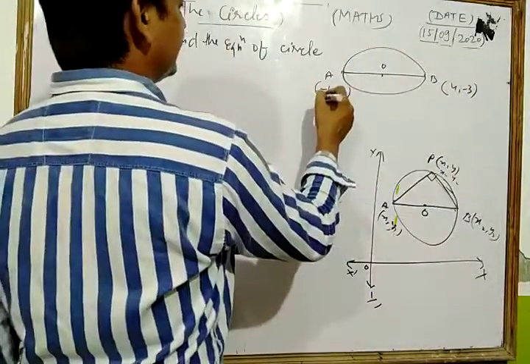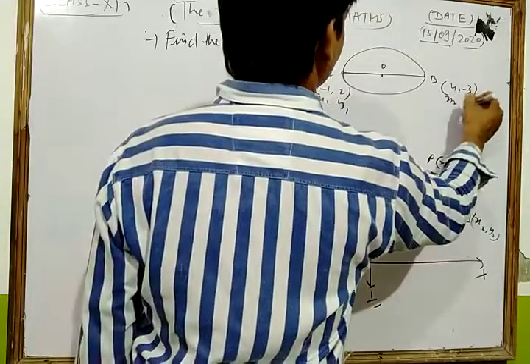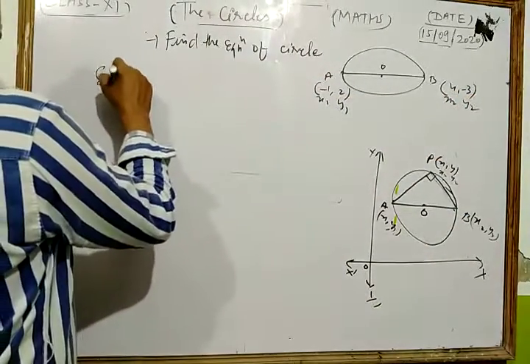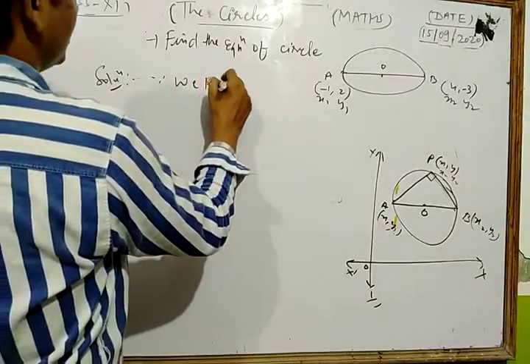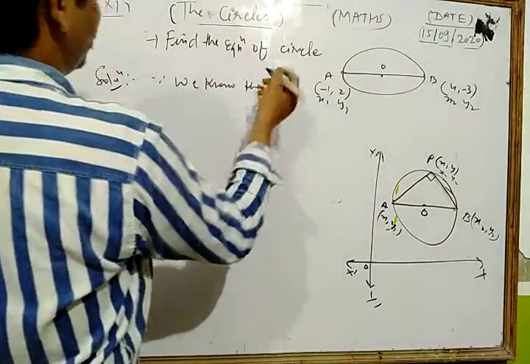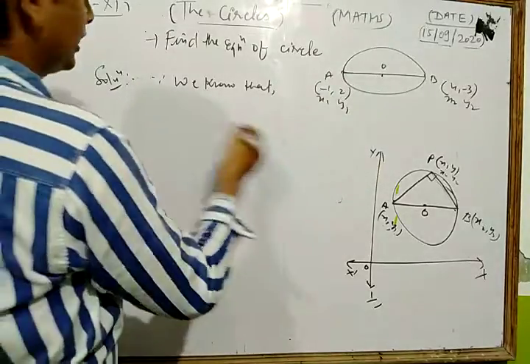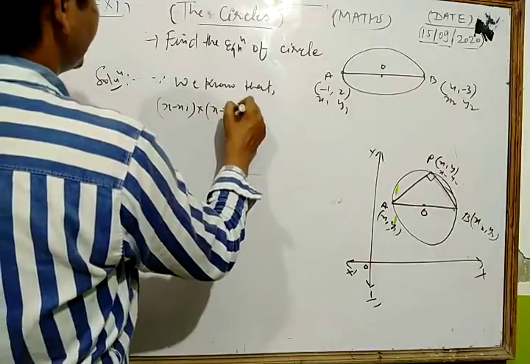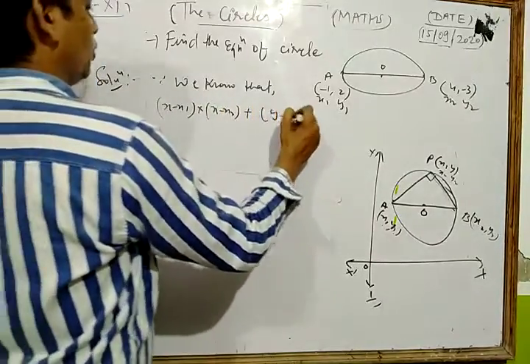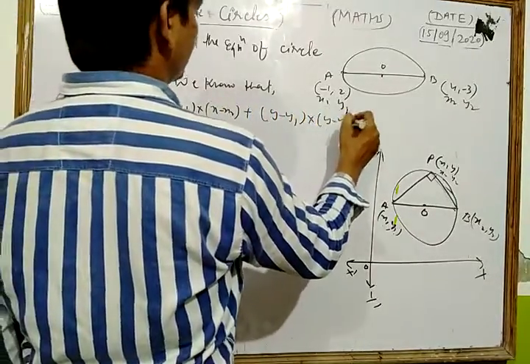Now look, we take them as x1, y1 and x2, y2. Let's see its solution. Since in diameter form the required equation of the circle is x minus x1 into x minus x2 plus y minus y1 into y minus y2 is equal to 0.